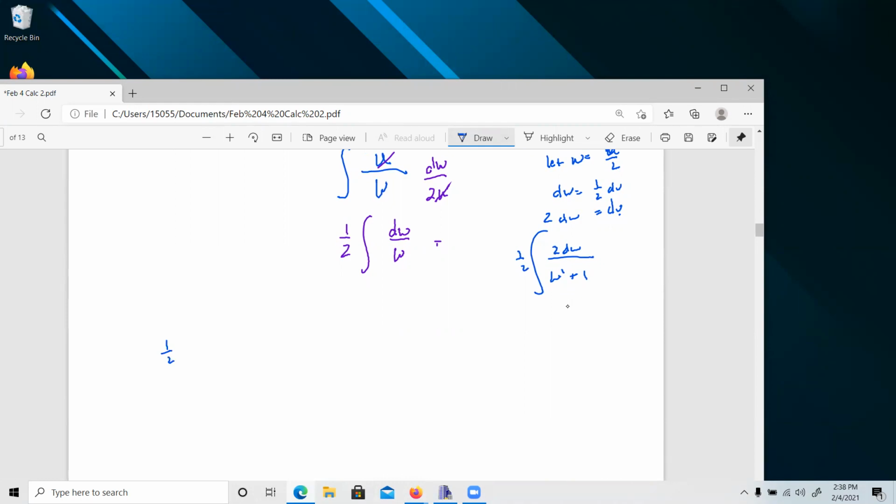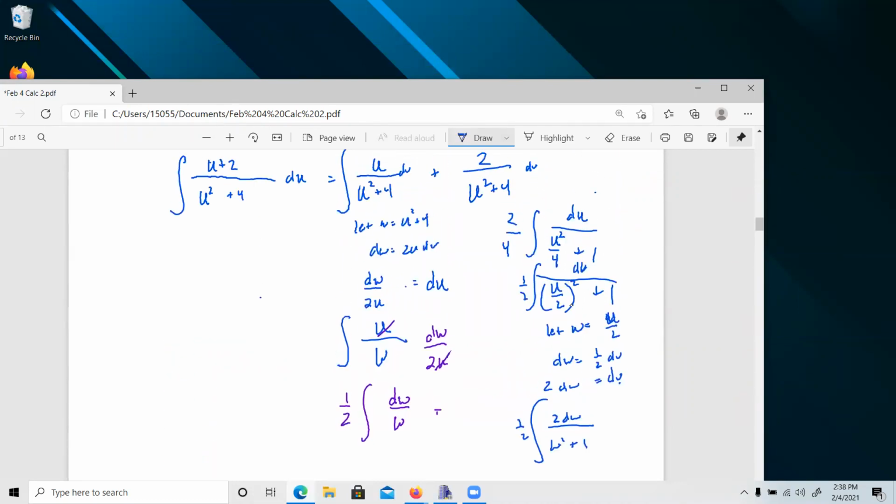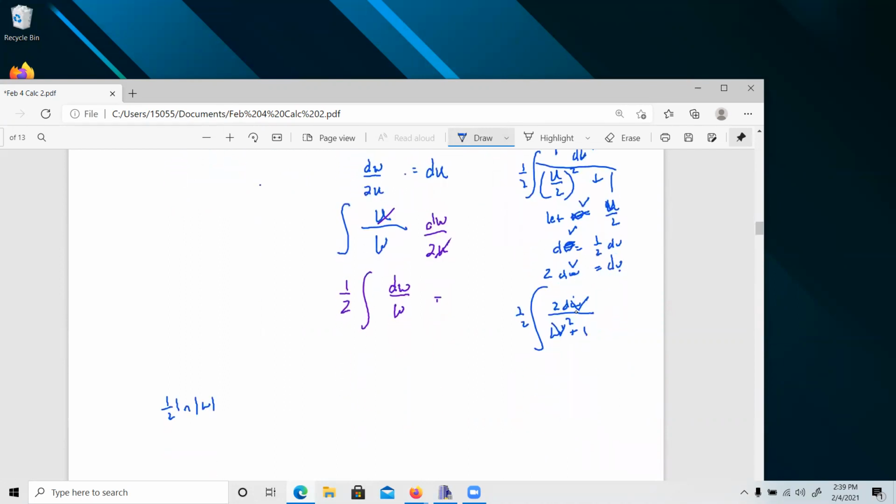It's a 1/2, that's natural log of W. Let's go with V. Plus, those cancel. We have inverse tangent of V plus C.